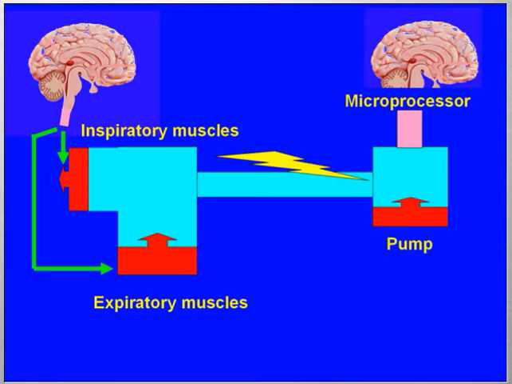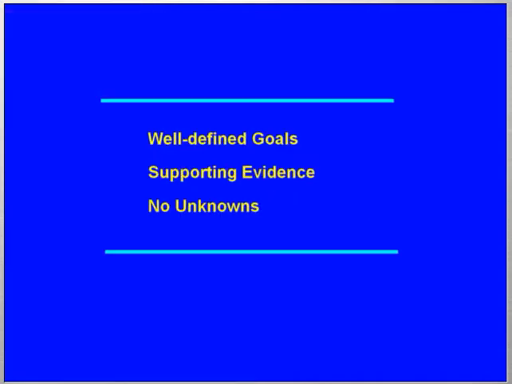And what we need to do is we need to have some well-defined goals, and so for the complex network that runs the ventilator or automated mechanical ventilation, we need to have supporting evidence that poor patient-ventilator interaction is bad, and we need to counter the effects of unknowns, such as a runaway phenomenon or propagation of breathing instability. And with that, I will end the talk.